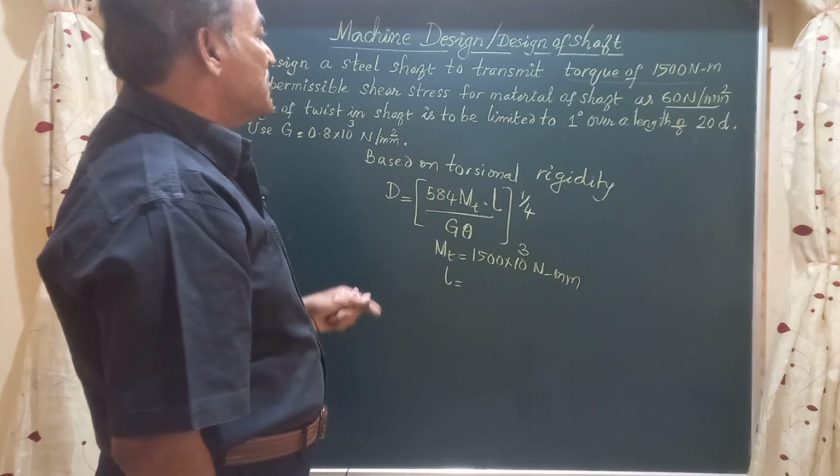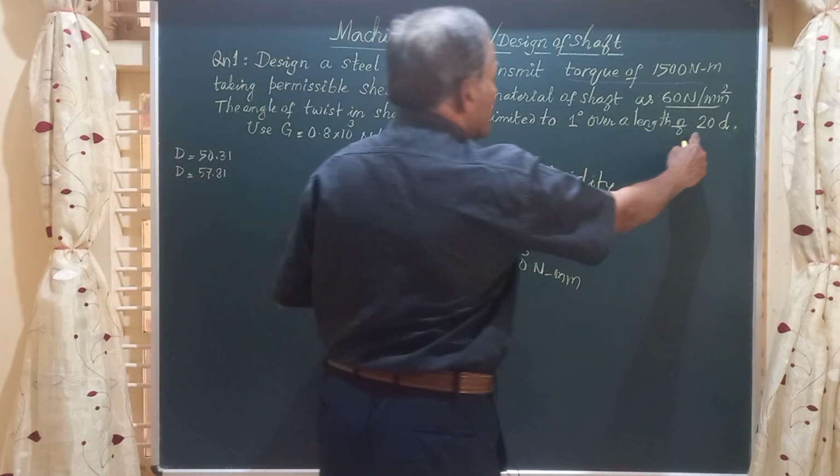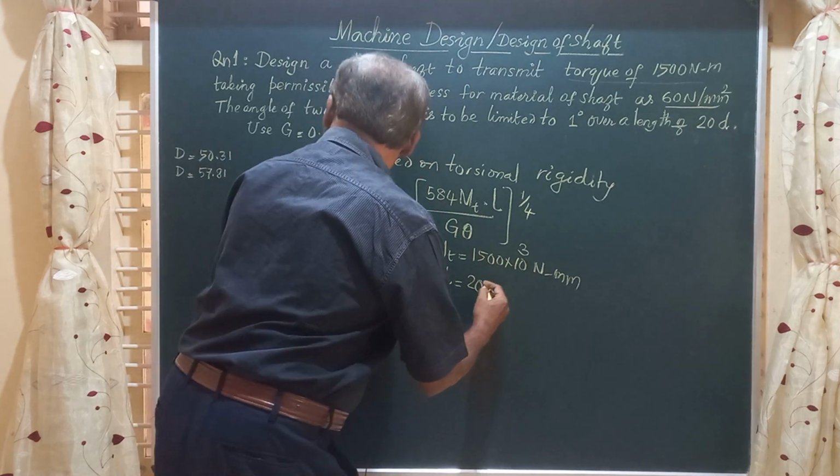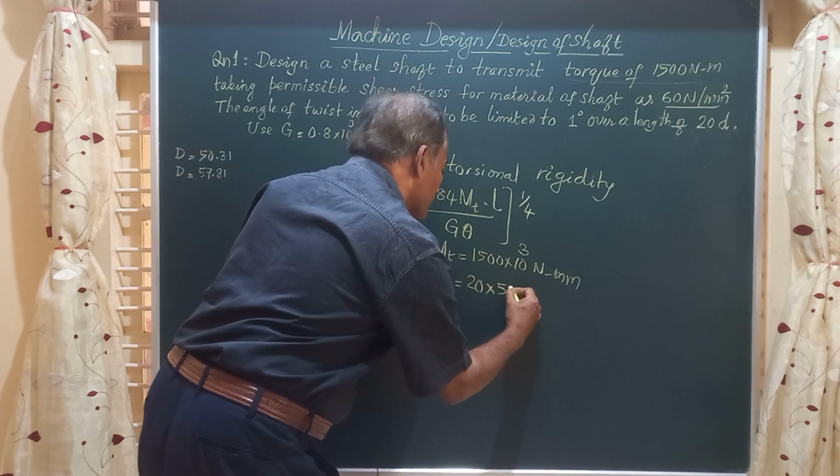So this length of the shaft is equal to 20 times the diameter. So 20 times the diameter you have got is 50.31.